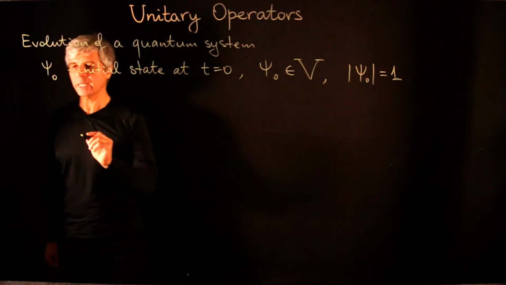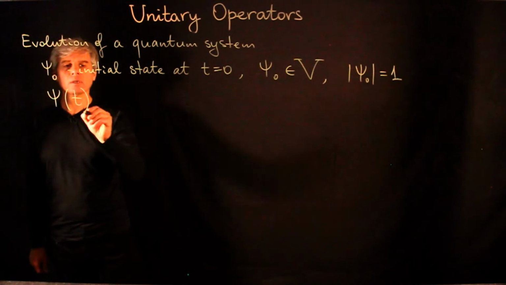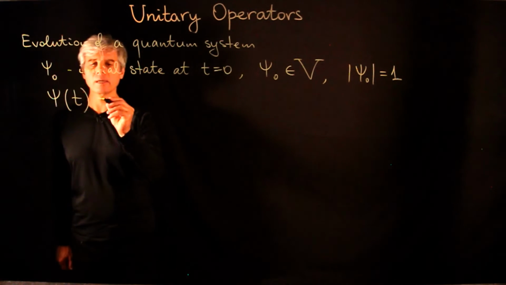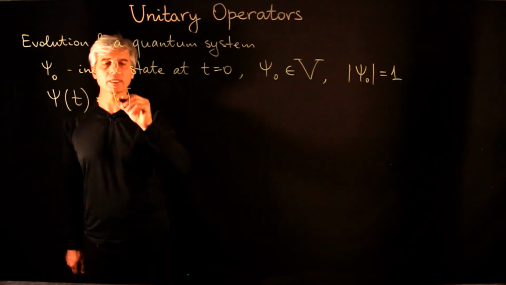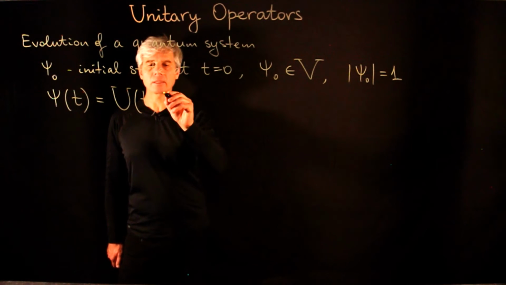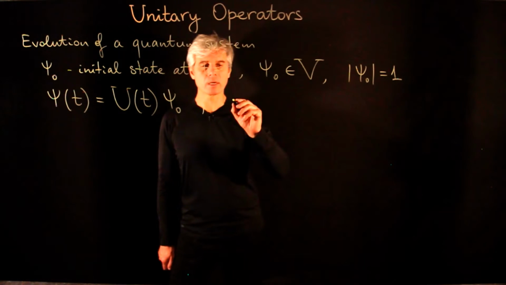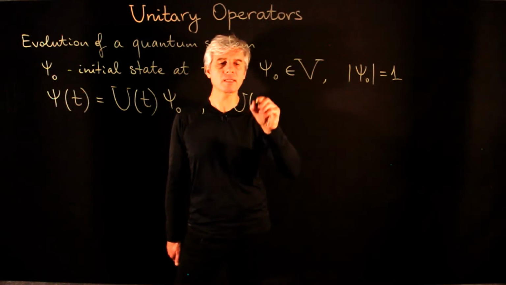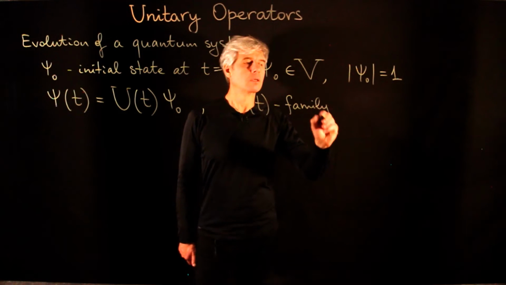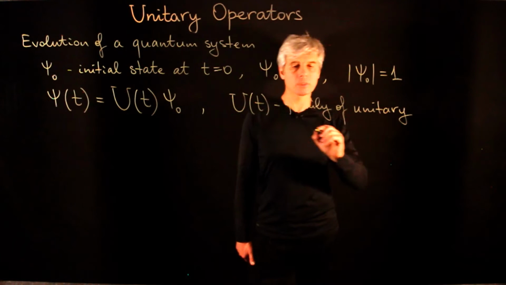Then what will happen is, if we want to find the state of a quantum system at time t, here we will have a family of unitary transformations, and this will be times psi 0, where U of t is a family of unitary transformations.